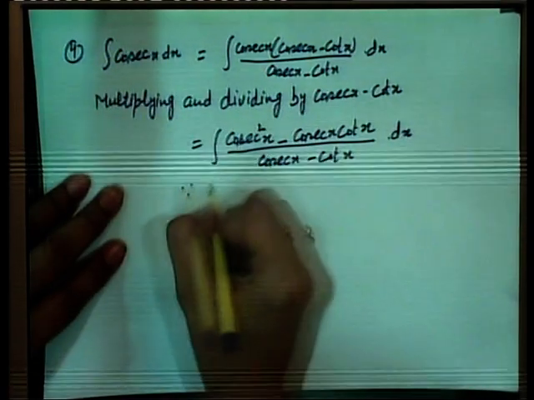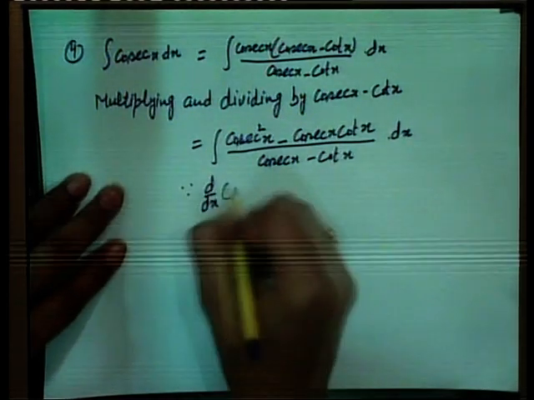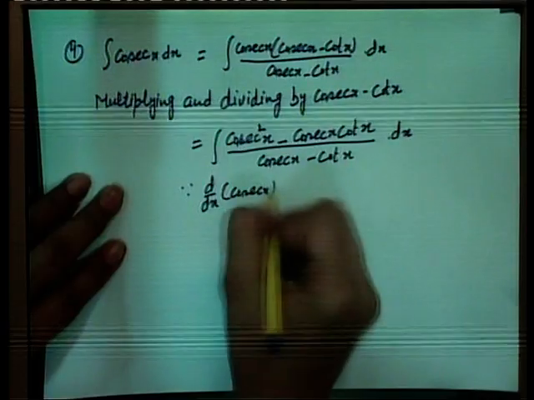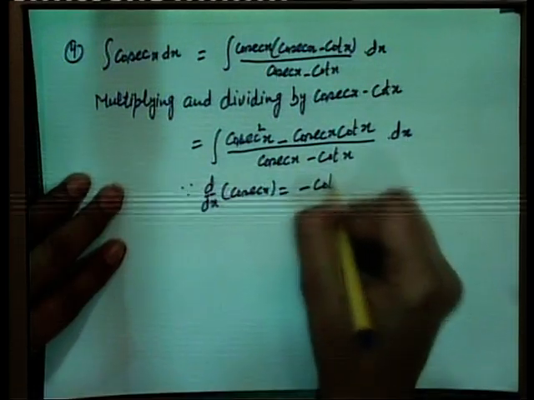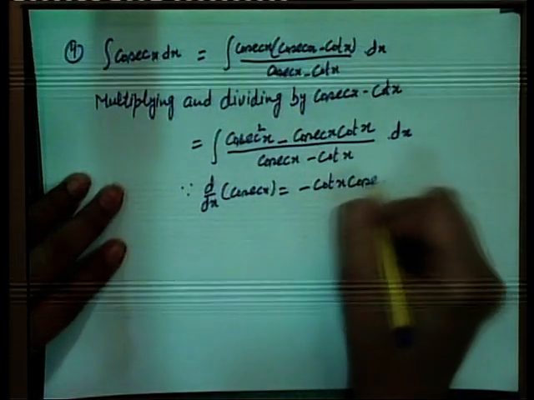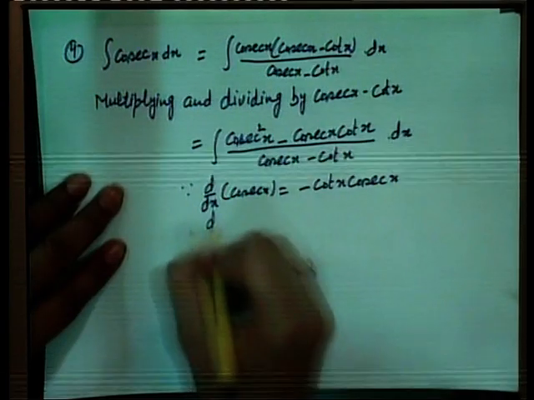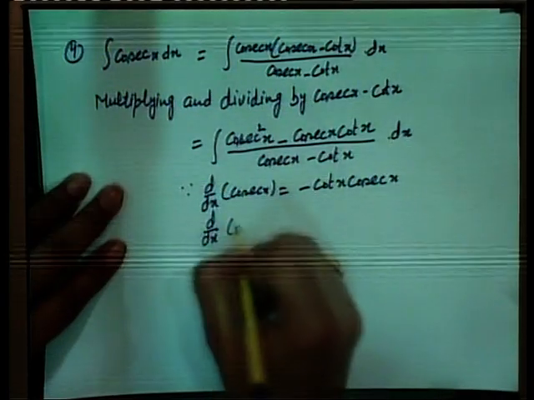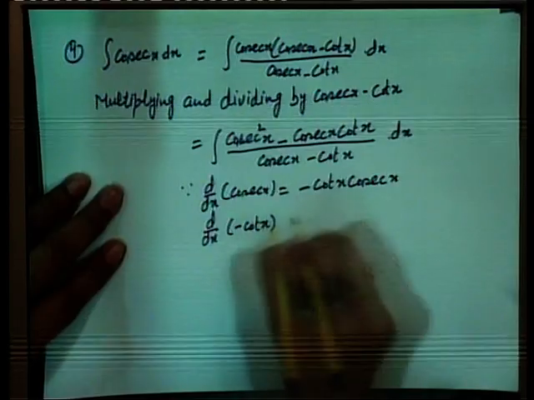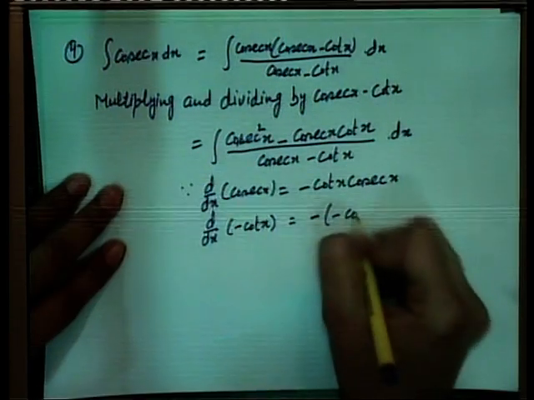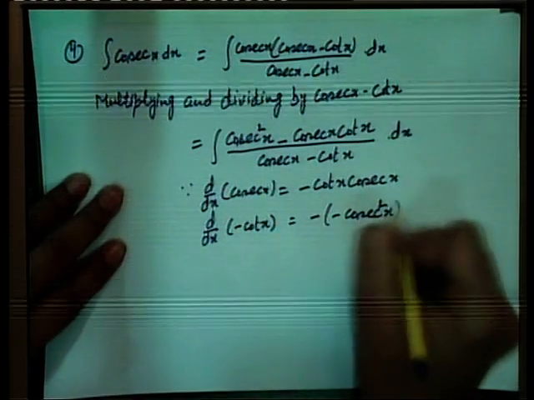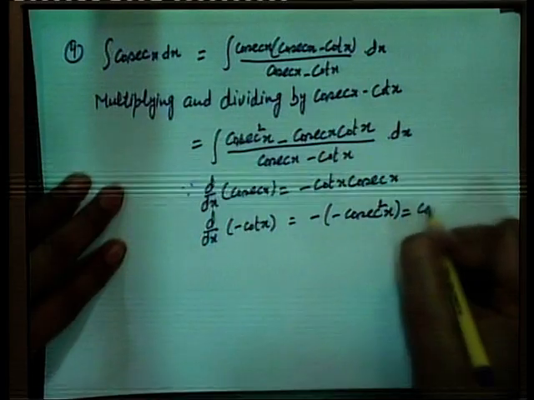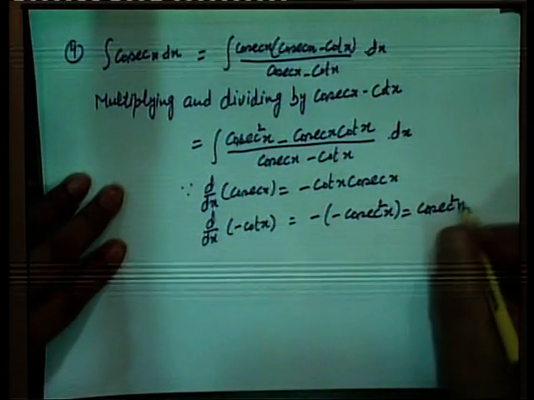Now, we know the derivative of cosecant x is minus cotangent x into cosecant x, and the derivative of minus cotangent x is minus cosecant square x, minus minus becomes plus cosecant square x.